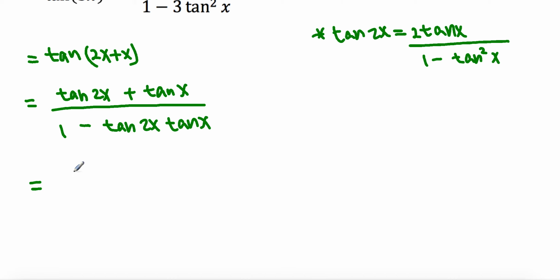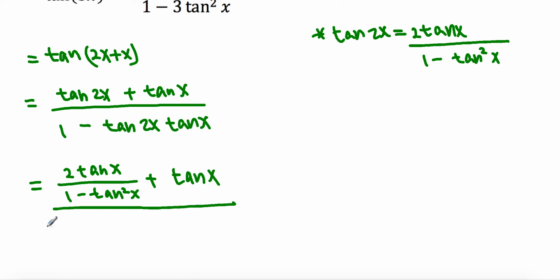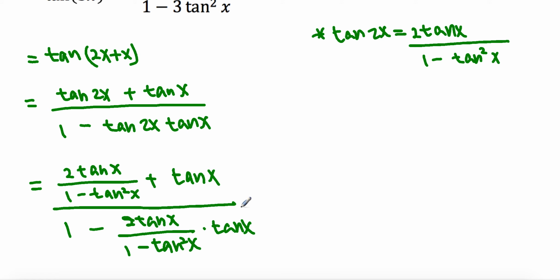Then we would have 2 tangent of x over 1 minus tangent square of x plus tangent of x, the entire thing divided by 1 minus 2 tangent of x over 1 minus tangent square of x times tangent of x. So now we have a complex fraction.